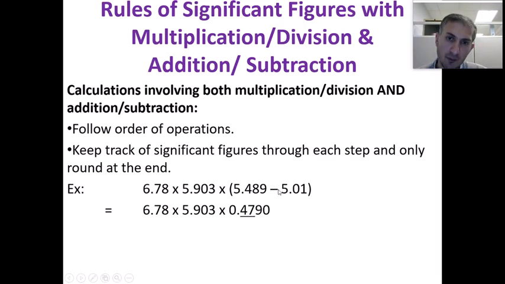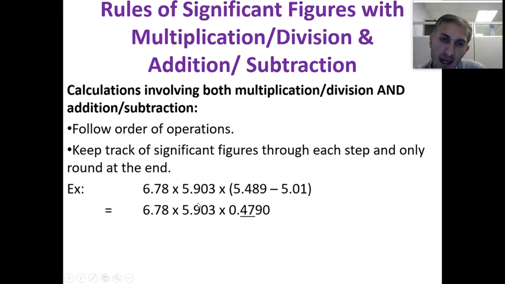But if you remember, when we have subtraction, the rule was fewest decimal places. Here we have 3 decimal places, and here we have 2 decimal places. So we need to keep only 2 decimal places. I underlined 2 decimal places here. It means in these digits we need to consider only these 2 decimal places based on this calculation.